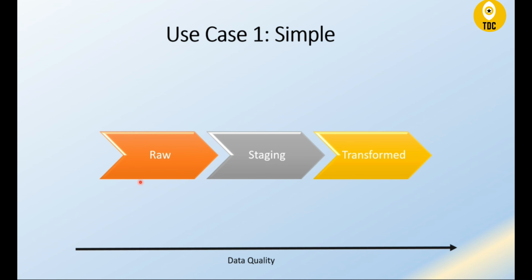You ingest the data into this layer, dump the data into this layer, and perform some kind of cleansing activities here, and then you make the data available for the transformation layer, that is the transformed layer. Here the transformed layer might be a silver layer or gold layer. Mainly it will be a gold layer because it is the last layer in this transformation, right? So this is a simple use case. Most projects use this in reality because that is what is needed in most cases.